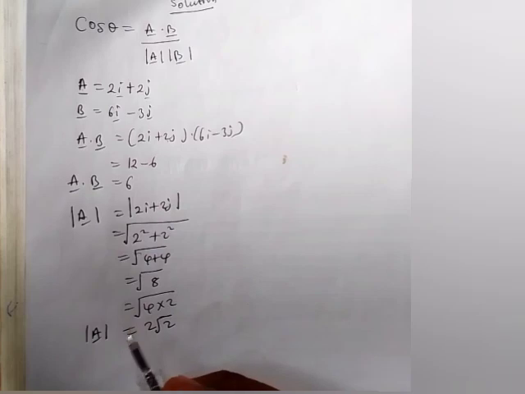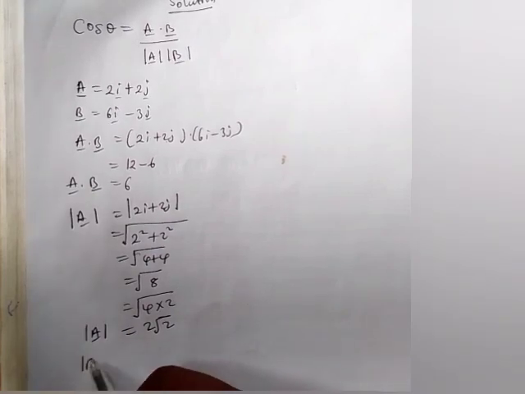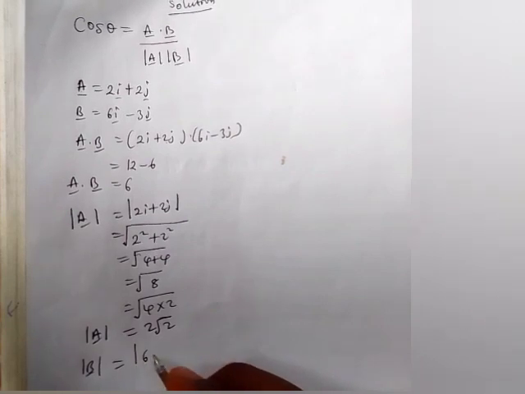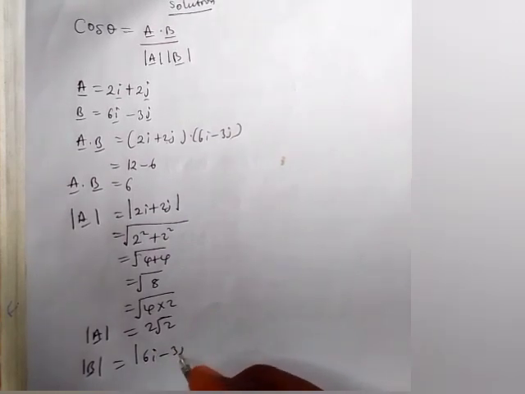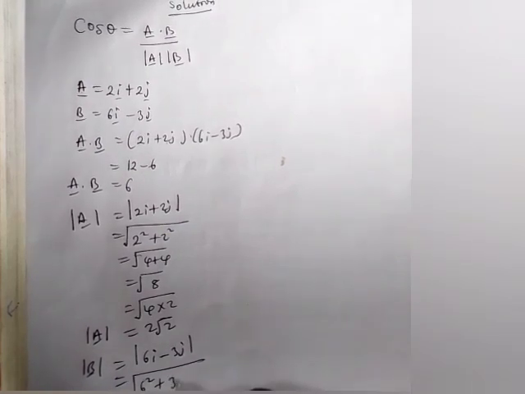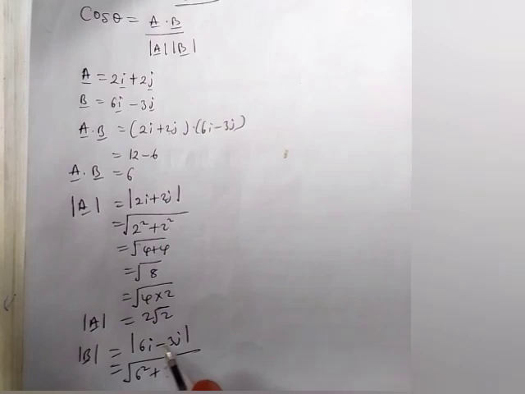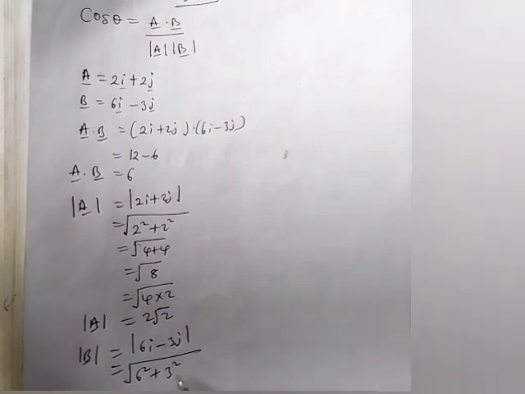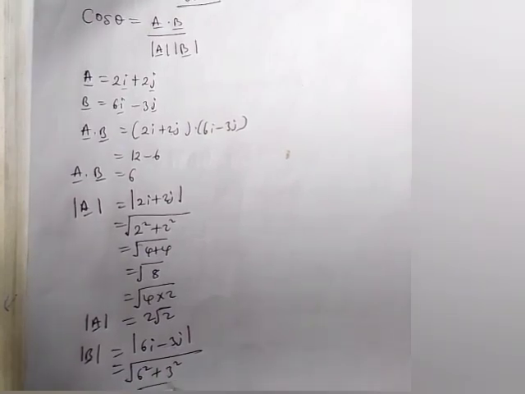So for the magnitude of vector B, we have the magnitude of 6i minus 3j. So we take the square root of 6 squared plus 3 squared, because if we square the negative of 3, that will be positive.